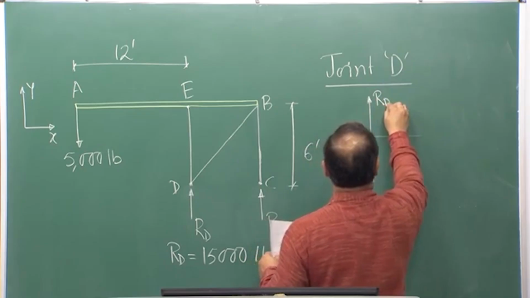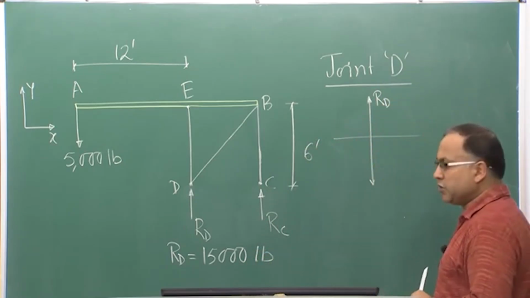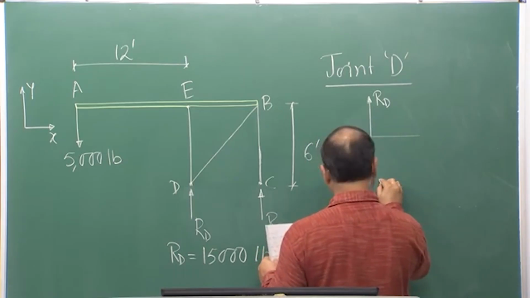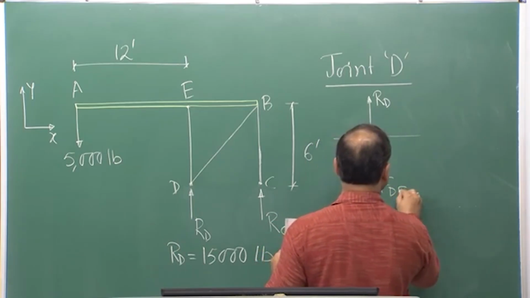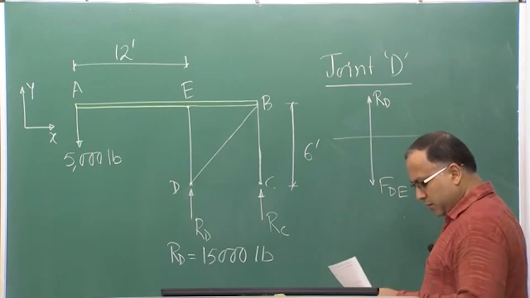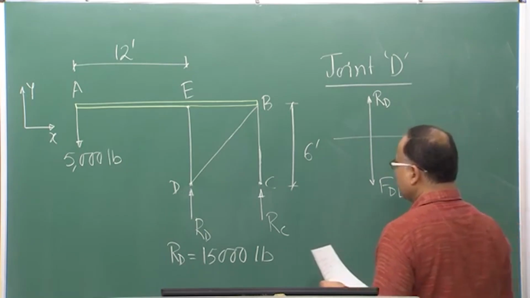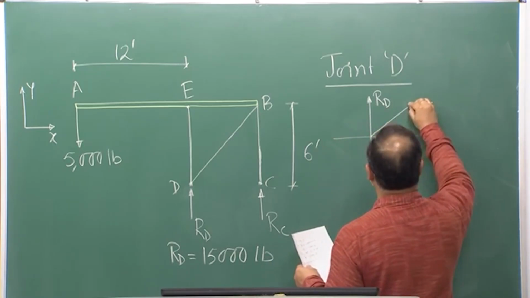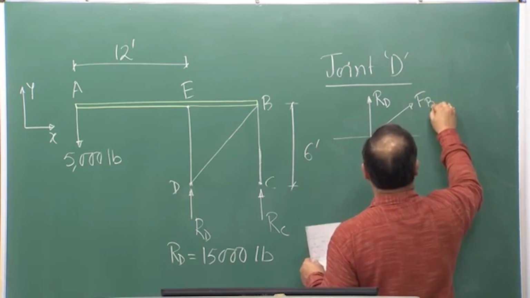This is RD, which is in the upward direction. This is FDE, which is towards the joint, so I am considering FDE as compression, and then FBD.